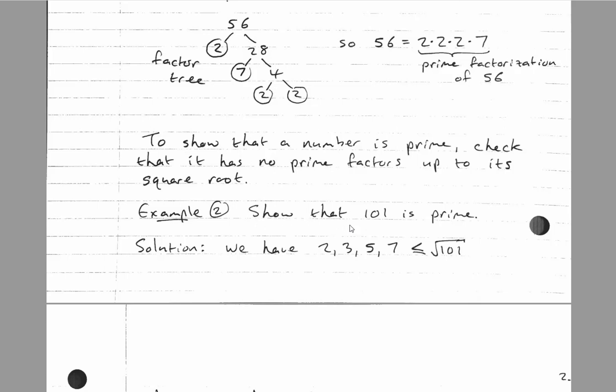So in this example, to show that 101 is prime, you just have to check division by these numbers. If any of these divide 101, it's not prime, but if all of these don't divide 101, then it must be prime.